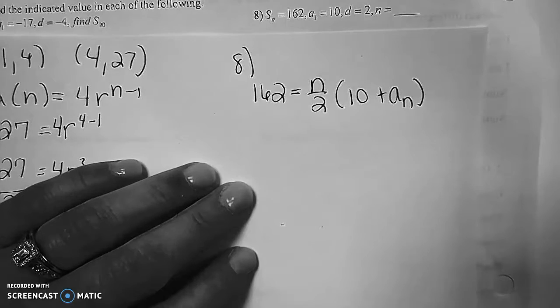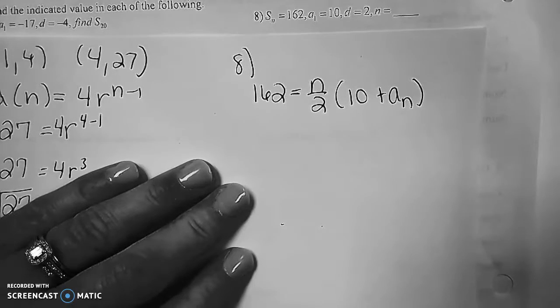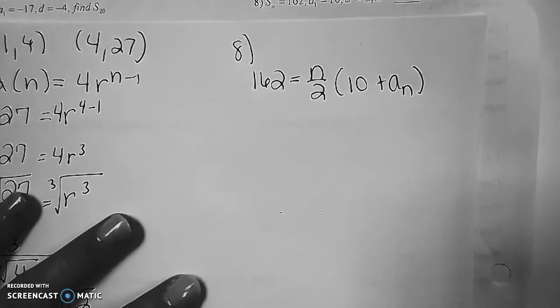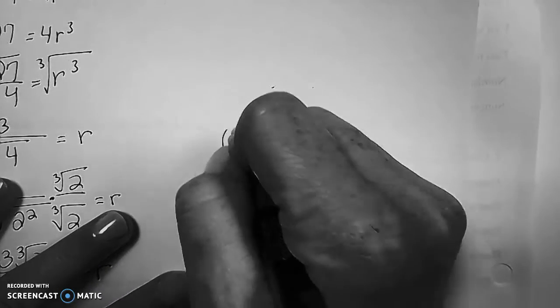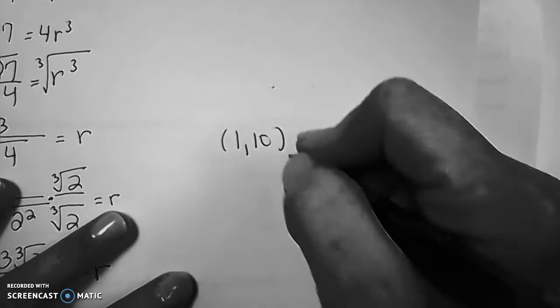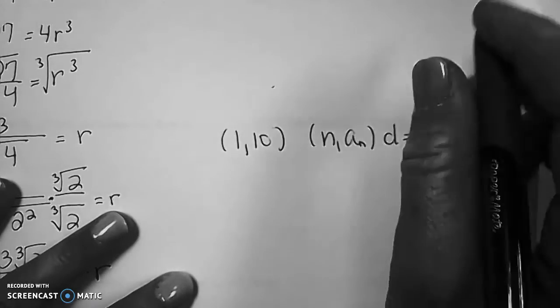So I have 2 unknowns. In order to deal with 2 unknowns, I need another equation that has the same 2 unknowns. So I'm going to end up using the explicit formula there. I know the first term is 10, the nth term is A sub n, and I do know the common difference, that's 2.